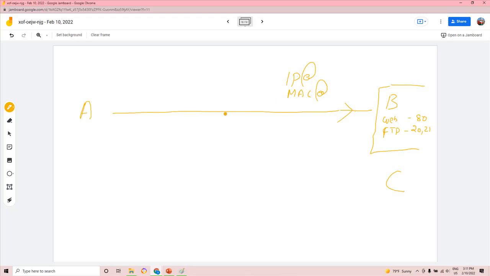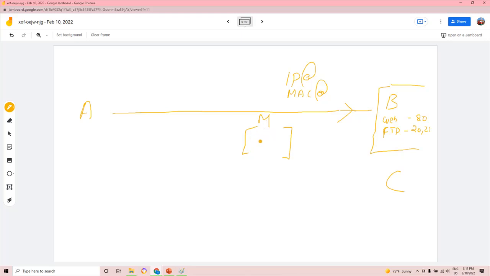Now the question is, you are sending a message. This message reached the B using the IP and MAC. Now to which program should this message go, web or FTP? So what you have to do, in the TCP header or UDP header, you should specify, clear?